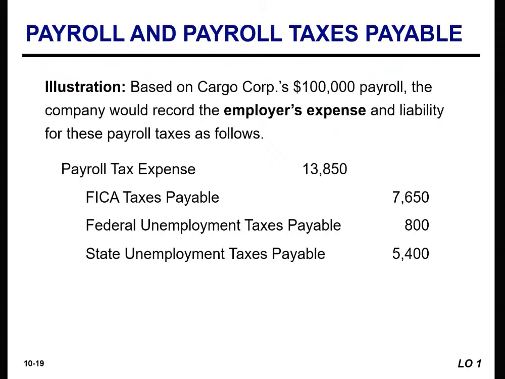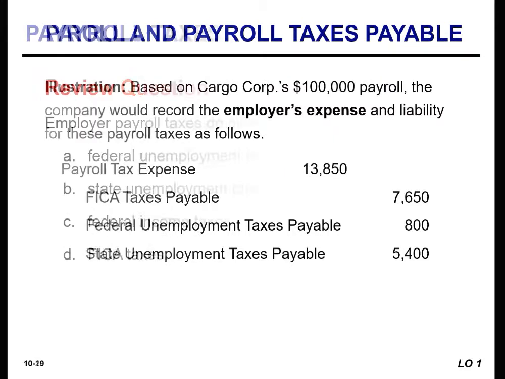Areas where a lot of employers get in trouble is with payroll taxes and not remitting them to the appropriate government jurisdictions. This is not an area that you want to be involved in, as it will be noticed eventually. It will be caught up, and there are some severe penalties that can be associated with not remitting payroll taxes to the government.